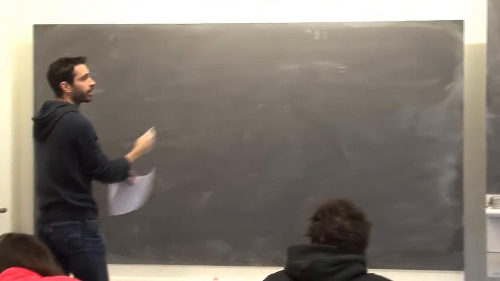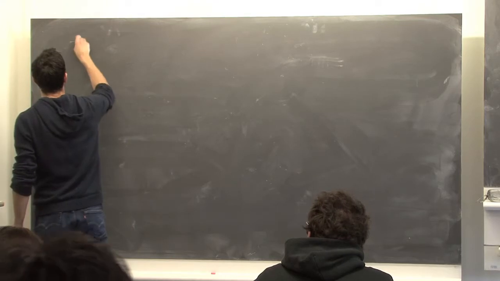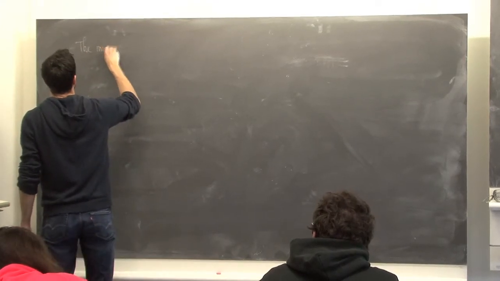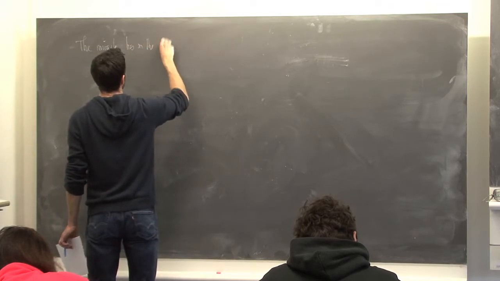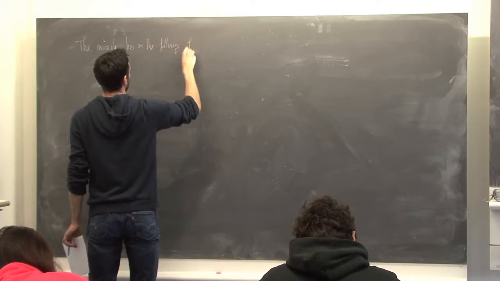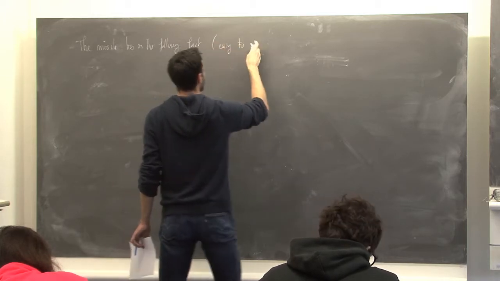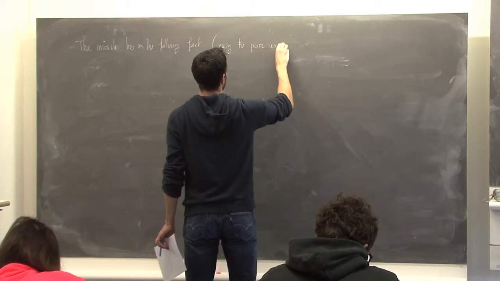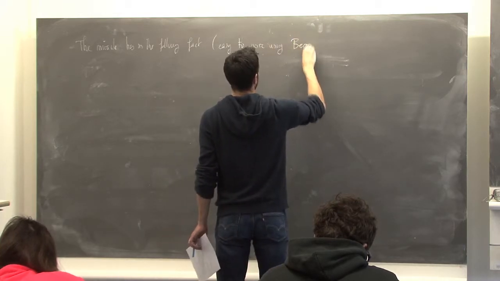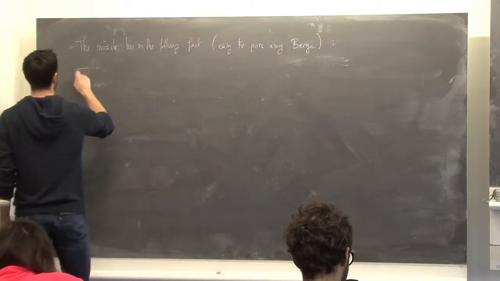But now here is the miracle, actually. So again, I'm not going to prove anything, so the miracle lies in the following fact, which is easy to prove using Berge's theorem. So here's the fact.